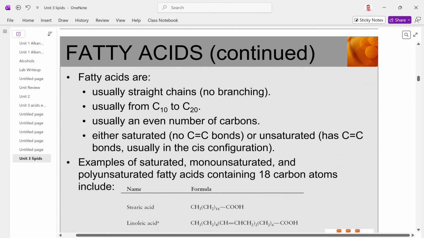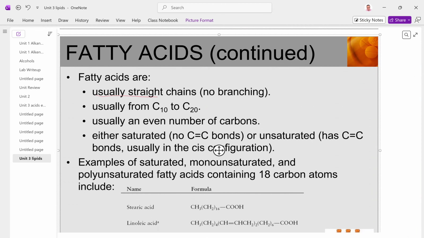Biochemically, in a mammalian animal, fatty acids are usually straight chained, no branching. C10 to C20, and that is totally not true. It's C4 to C20.